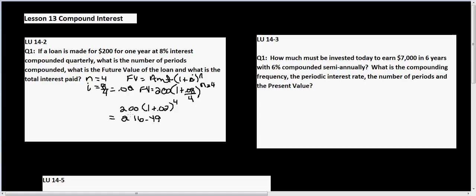Because you multiply 200 times 1.02 to the power of 4. That is equal to 1.02 times itself 4 times. So we could have said 200 times 1.0824.